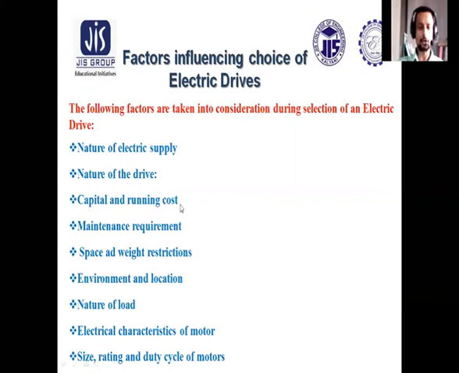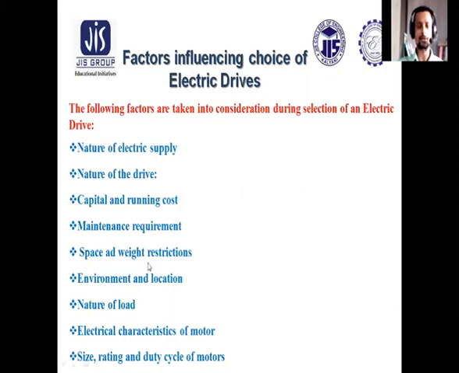Capital and running cost, maintenance requirement, space and weight restriction. Sometimes your customer could ask you to make a drive within a 5 feet by 5 feet area, so based on that space, you have to build your drive.